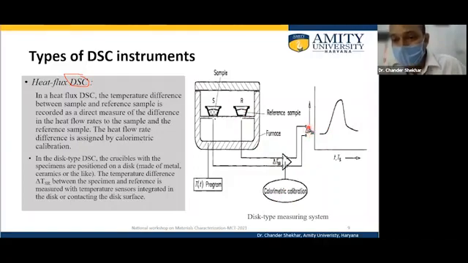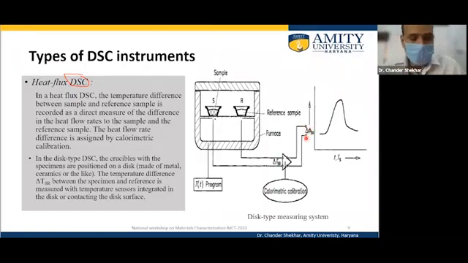this delta phi SR is plotted as a function of time or temperature. So the main difference now is the delta phi SR. This phi SR represents the thermal energy flow rate. Basically this is the power.